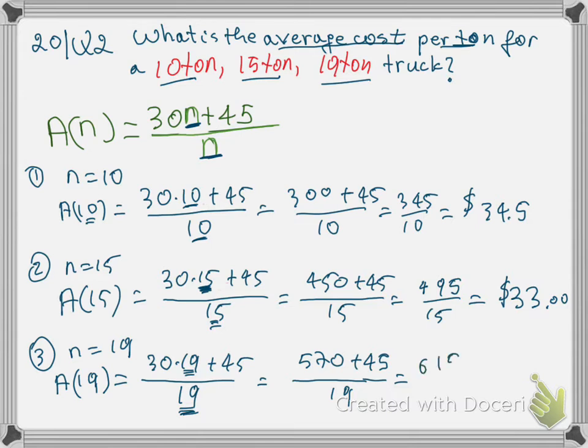That's 615 over 19. Let's find out what that is. $32.37. I rounded it to the nearest cent.